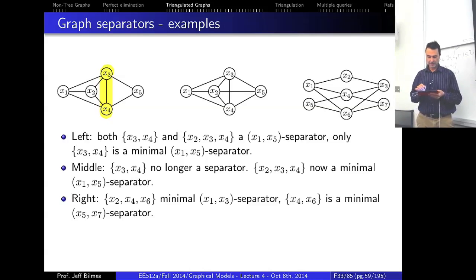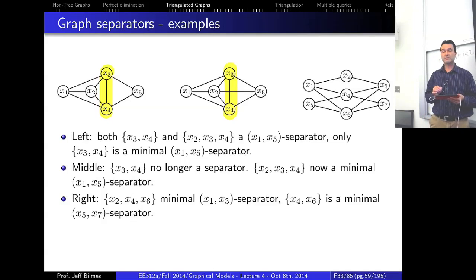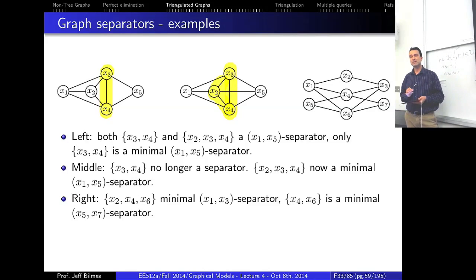In the middle example, x3, x4 is no longer a separator because there's an edge now between x2 and x5. However, in order to get a separator between x2 and x5, we would now need to add back in x2. So now x2, x3, x4 is a minimal separator.